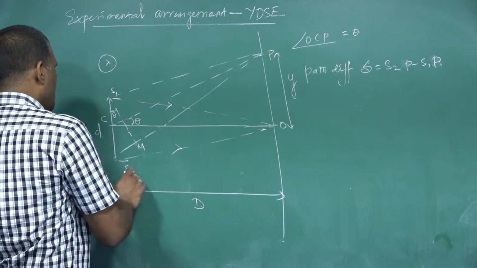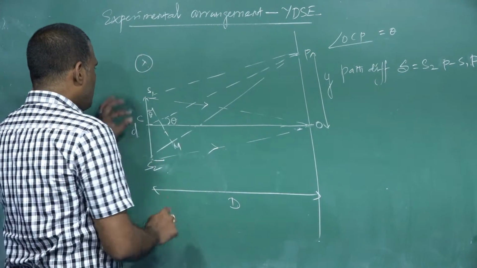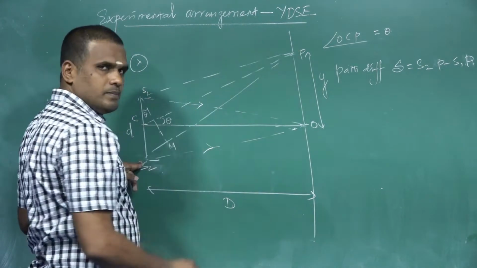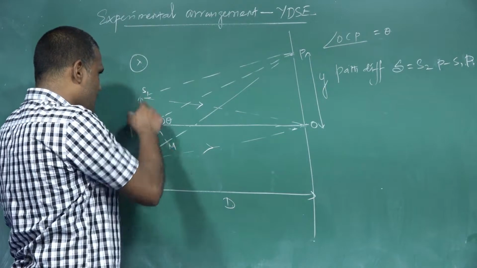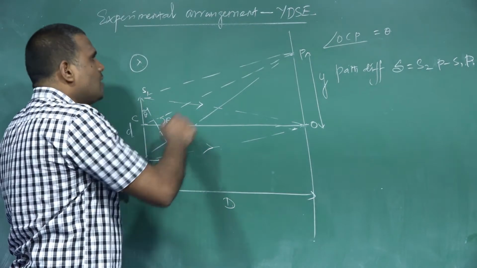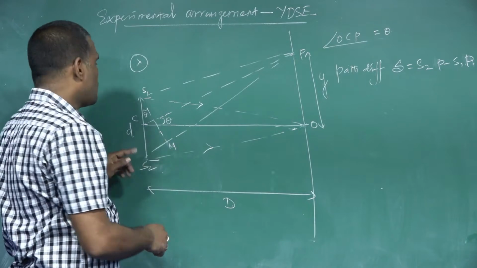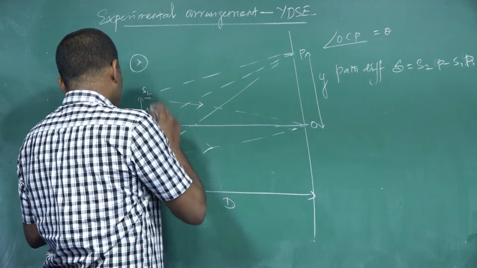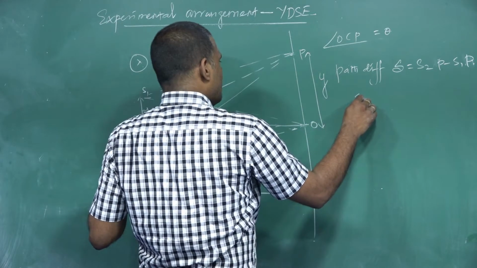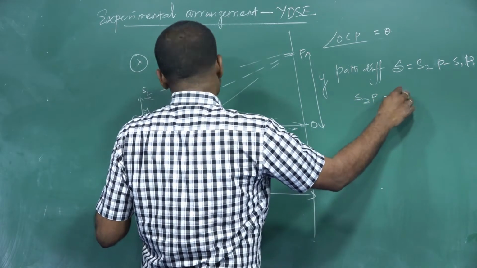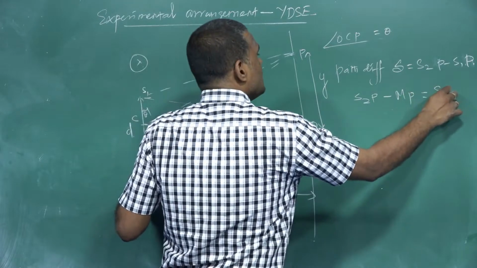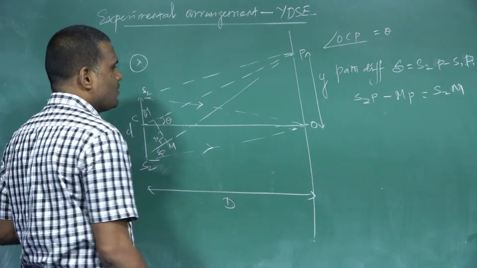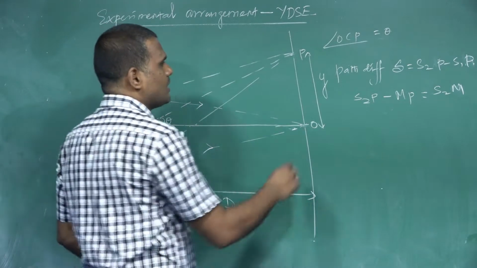From the diagram, I am dropping a perpendicular from S1 on S2P at M, so this is the right angle here. We can show that S2P minus MP equals S2M. This is the path difference delta.